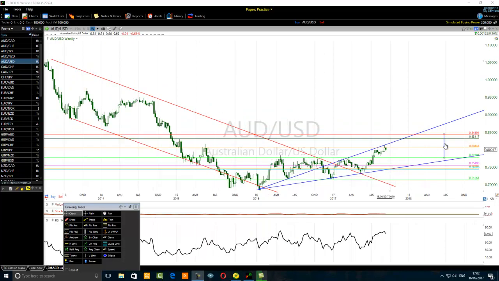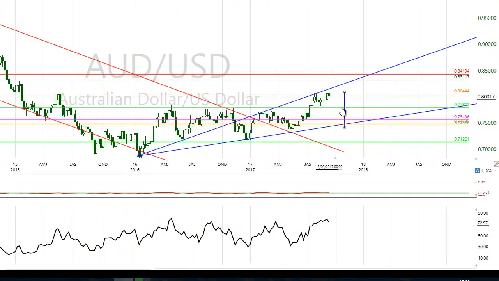Now you can see that the Australian US dollar is now above the consolidation zone, and we know that no financial instrument is going up or down for no reason, so it's headed to the ultimate target, and the ultimate target where the Australian US dollar is headed is at 0.84194. That's the red line here.